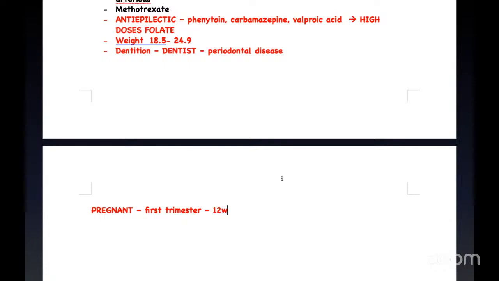So up to 12 weeks. That's how long the first trimester is. There are 3 trimesters, and each of them is about 12 weeks. So she's between the first week and the 12th week.